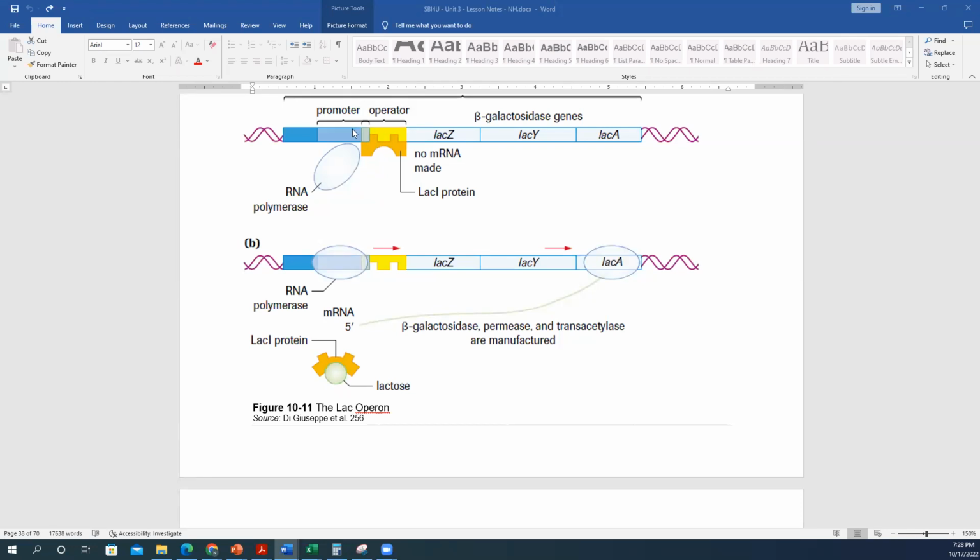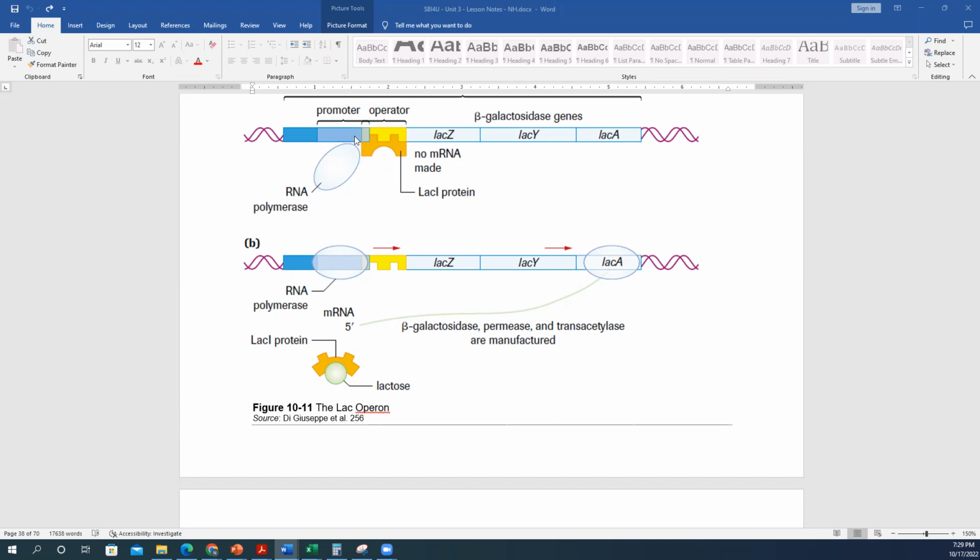Because there's a certain amount of overlap between the promoter region and the operator region, the binding of this repressor protein covers part of this promoter.